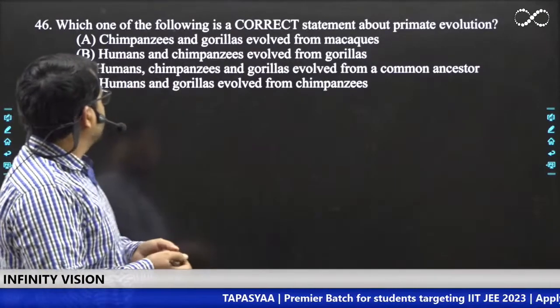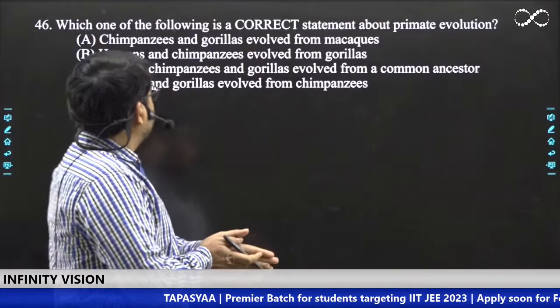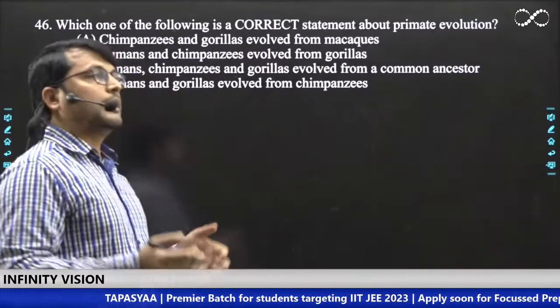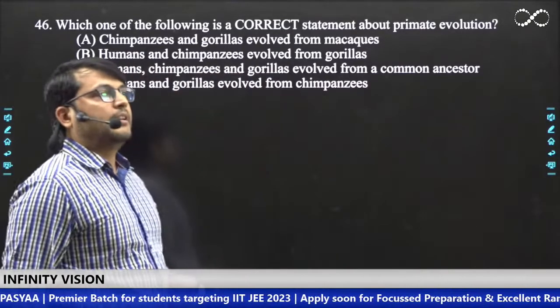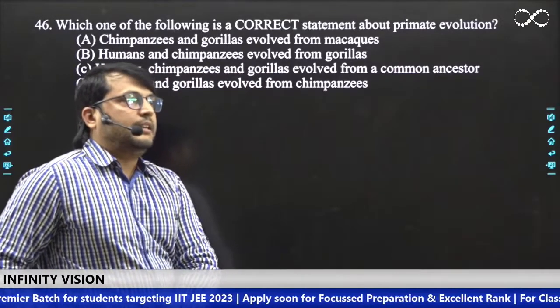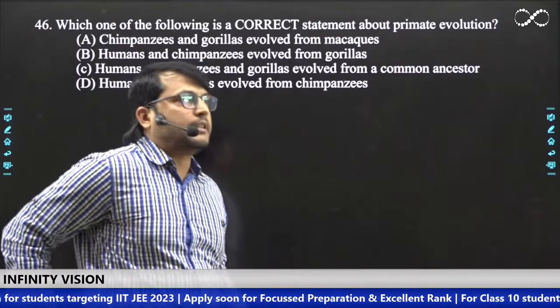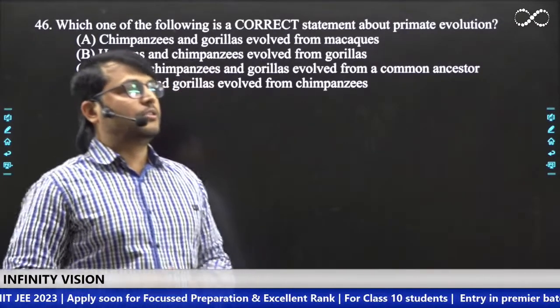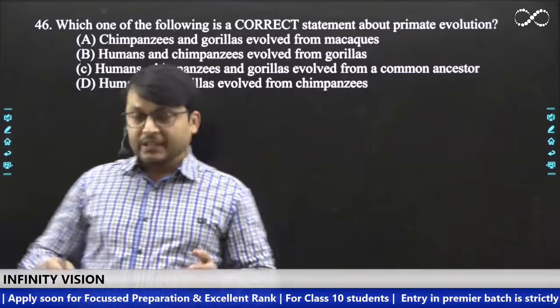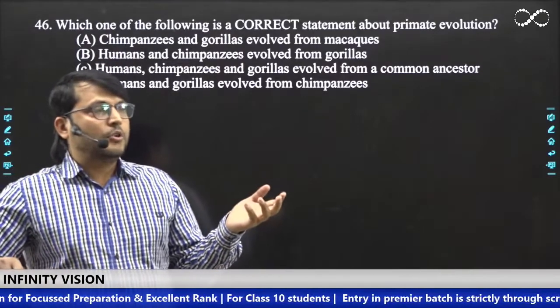This question says, which one of the following is a correct statement about primate evolution? Yes, I can see option C. Akhil, Agrim, Susweta, you all are correct. It's good to see that Akhil is even telling me that they have evolved from hominine.